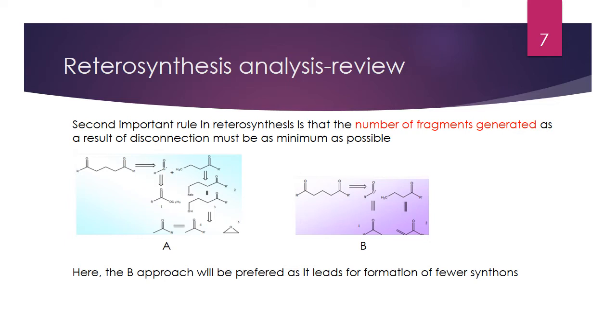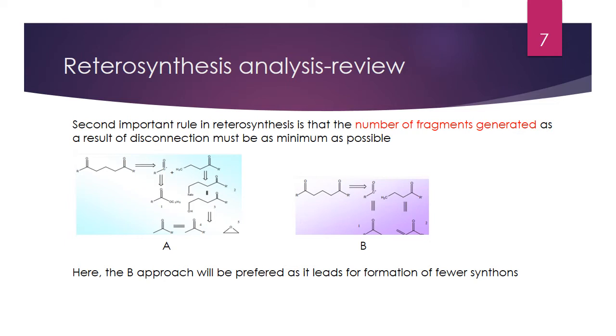In the A approach, we see that this positively charged synthon can be generated from an ester. For the other fragment, we have a halogen here. The halogen can be brought back by substitution of a hydroxy group, and this hydroxy group can be generated by considering an epoxide and reaction of this epoxide with a ketone.